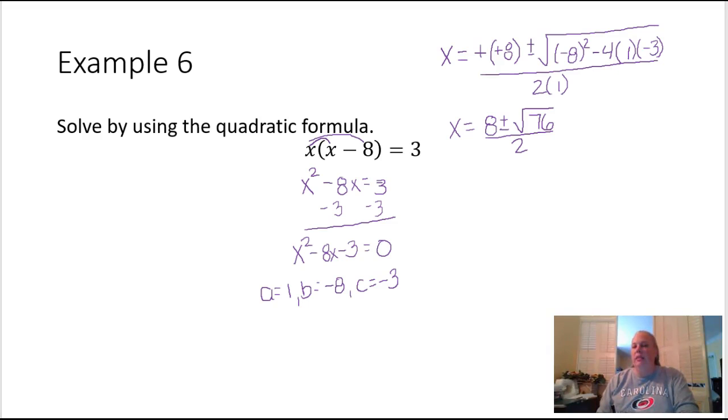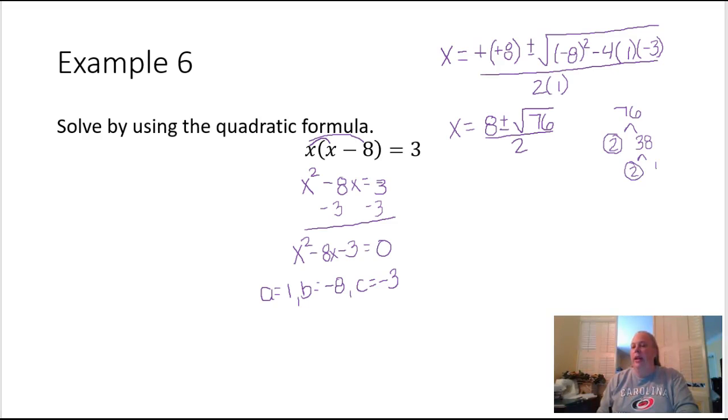All right, so we can't divide the 2 into the 8 because we don't have a coefficient out in front of the radical. But what we should do is come off over here to the side and see if 76 has any perfect squares in there. Now 76 is an even number, so I know 2 is going to go in there. And 2 will actually go in there 38 times. And again, 38 is an even number, so I'm sure 2 is going to go in there.